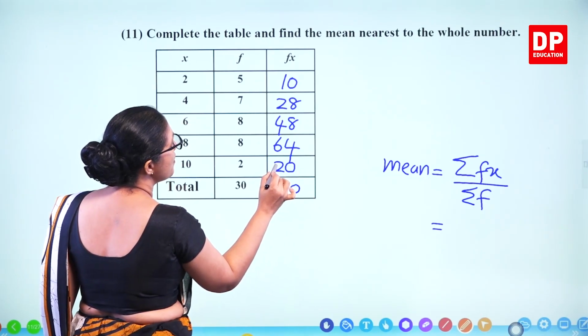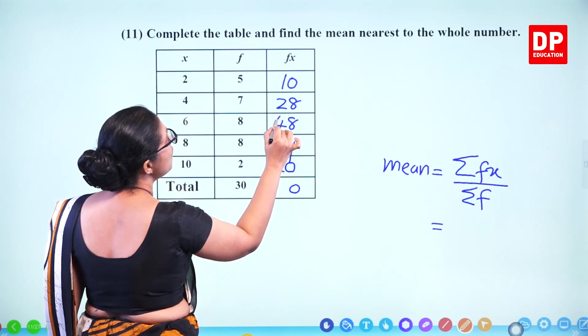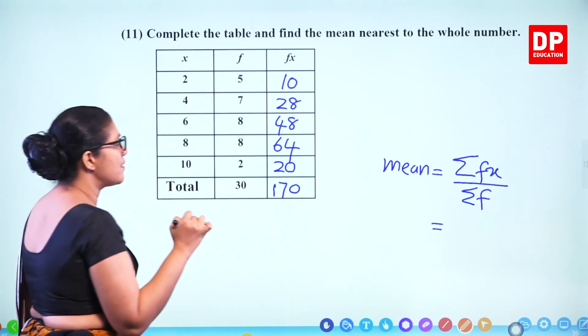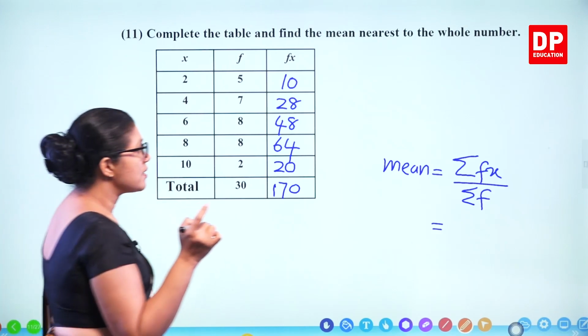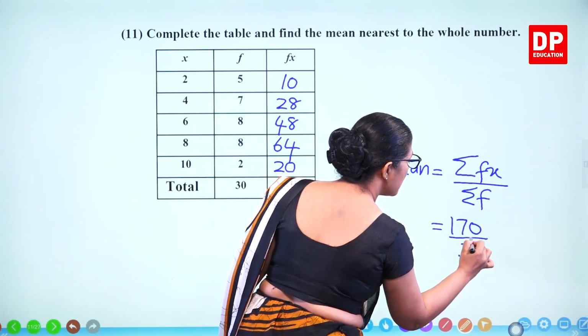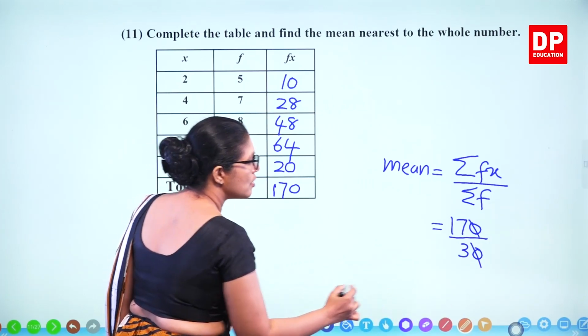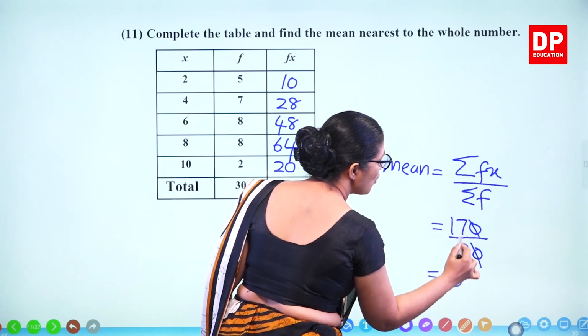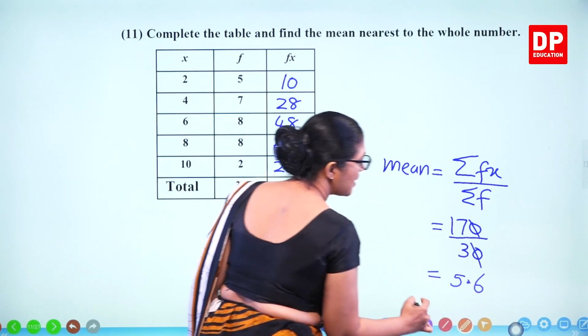20 here, 2 remaining. 10, 14, 16, 17. 170 is the total. So what's the mean? 170 divided by 30. 0 get cancelled out. So 3 times 5, 15. For 20, that's 6, 18.